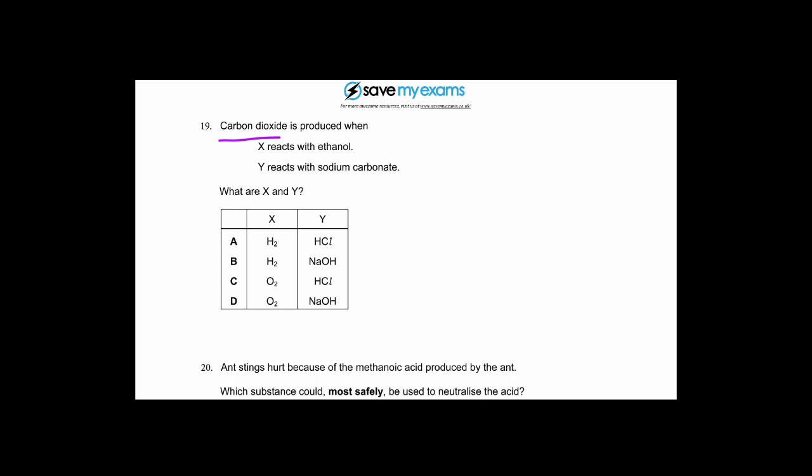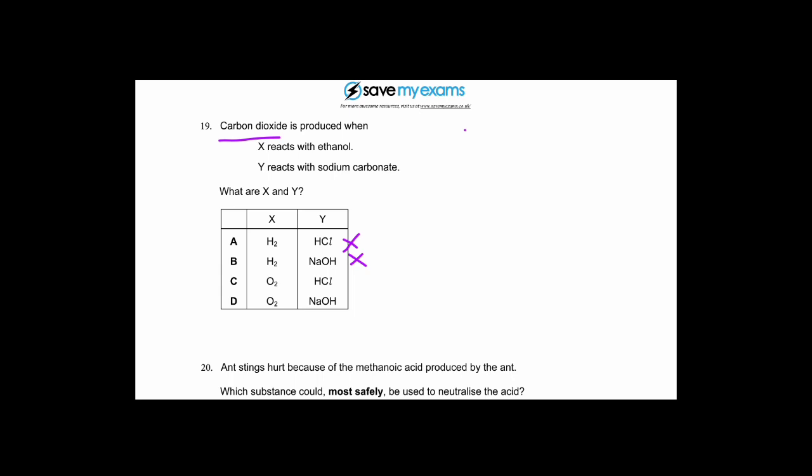When we look at ethanol, ethanol is flammable, and when it is burning, since only oxygen gas in the atmosphere supports burning, it's possible ethanol can react with oxygen to form water and carbon dioxide. So X is suspected to be oxygen. So hydrogen, no. We cannot react hydrogen plus hydrochloric acid here. These two are not possible.